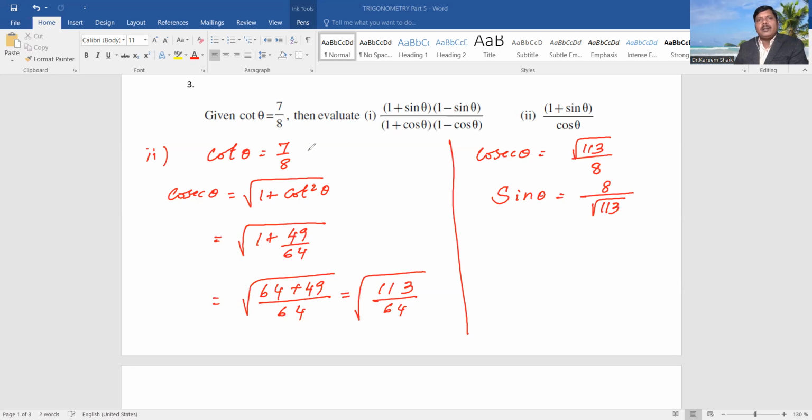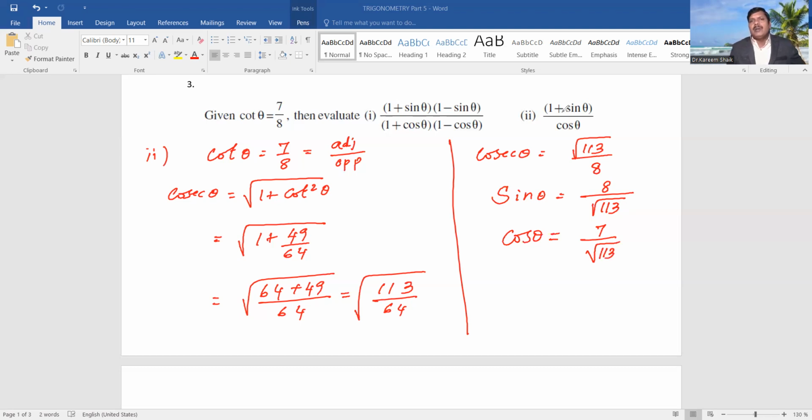While observing, cot is adjacent side upon opposite side. So our adjacent side length will be 7. So we can write directly cos theta is adjacent side upon hypotenuse, that means 7 upon hypotenuse. Sine is opposite by hypotenuse, so our hypotenuse value is square root of 113.